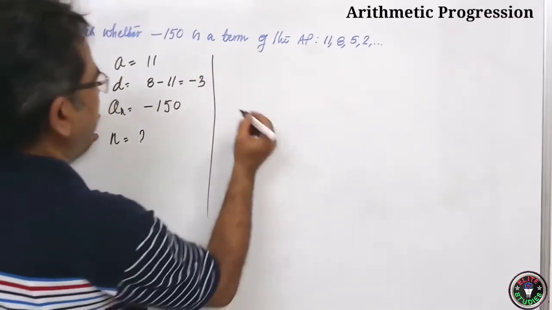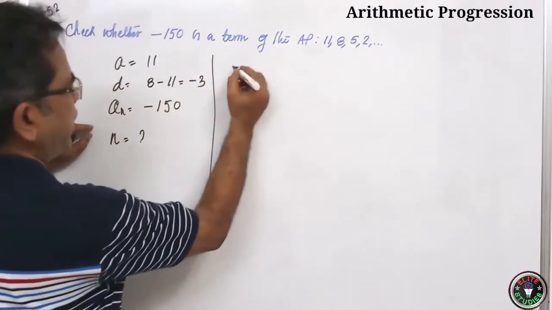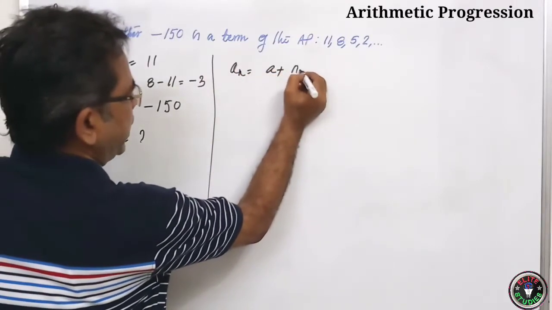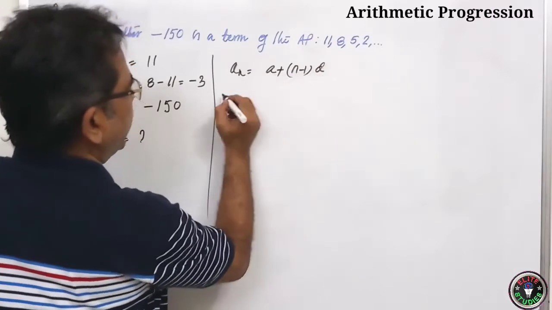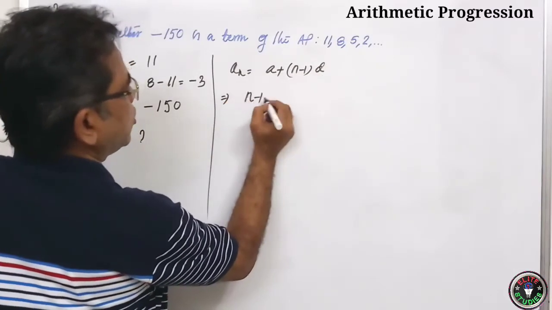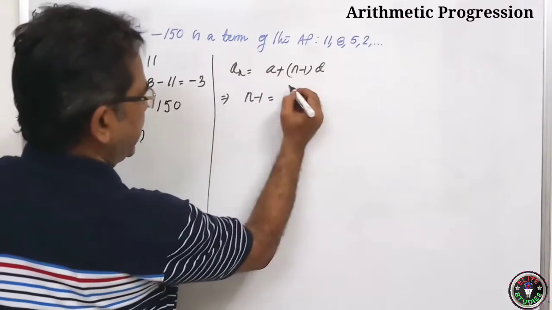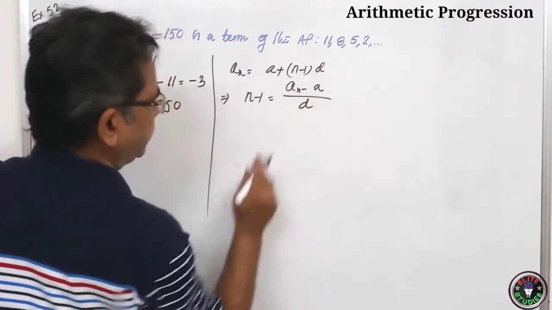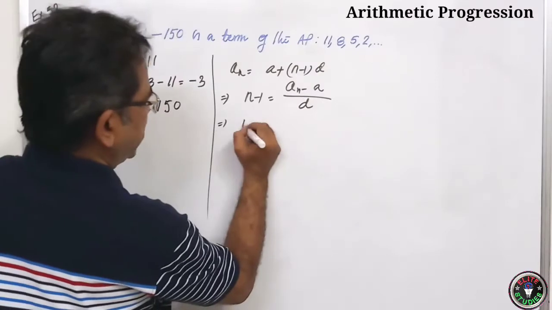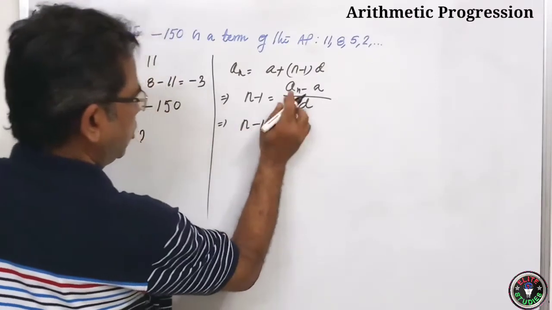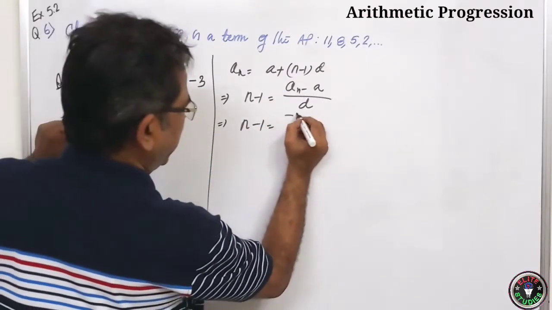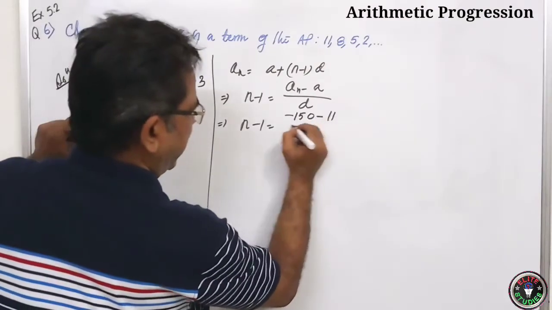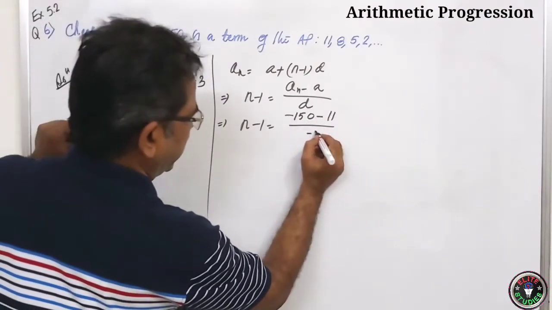Now here, what can we do? an is minus 150. So an is equal to a plus (n minus 1)d. We need to find n, so n minus 1 will be equal to (an minus a) by d. So n minus 1 is equal to minus 150 minus 11, divided by minus 3.